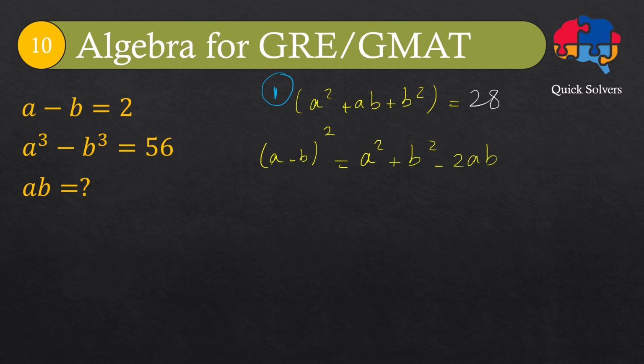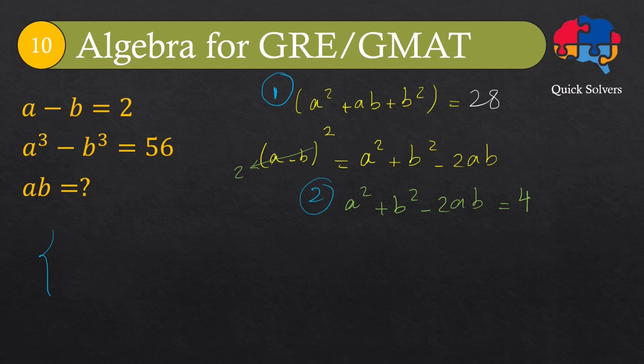And we know a minus b is 2, so the left side of the equality sign is 2 to the power of 2, which is 4. So 4 equals a squared plus b squared minus 2 times a times b. Let me write it as a squared plus b squared minus 2 times a times b equals 4, and I label this as equation 2.